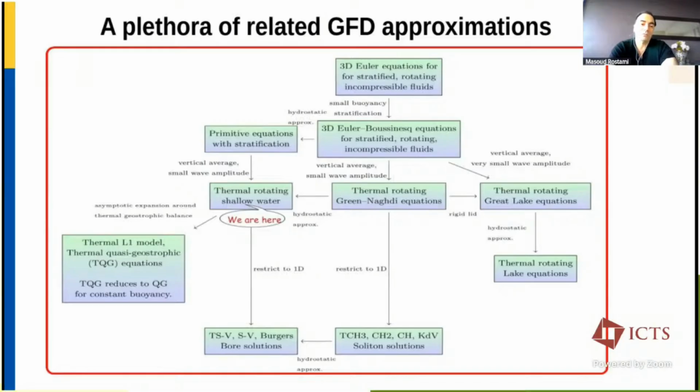It means that we also have the temperature, or potential temperature, or buoyancy field as an independent variable. Physically it's not independent, but we can capture the evolution of the buoyancy or temperature or potential temperature field.